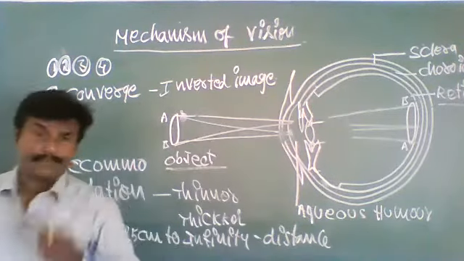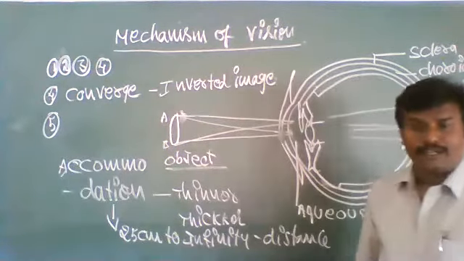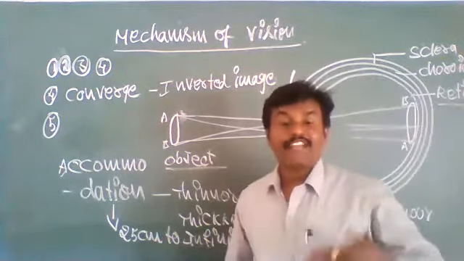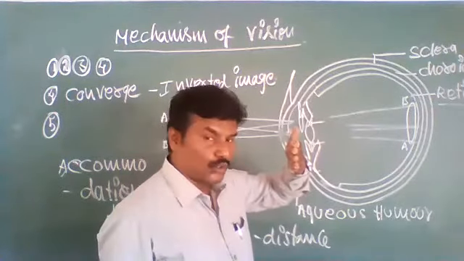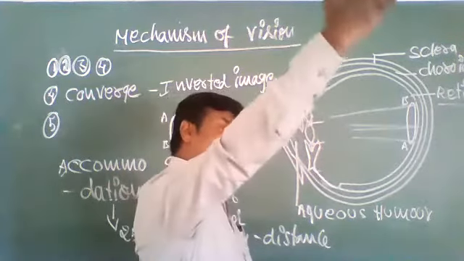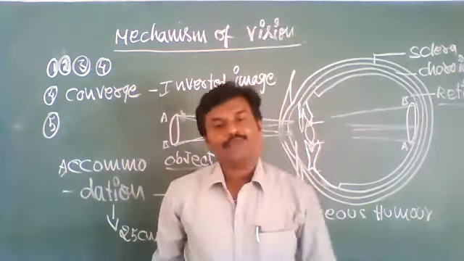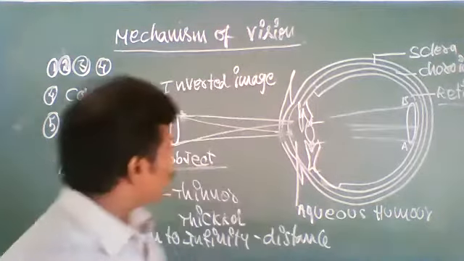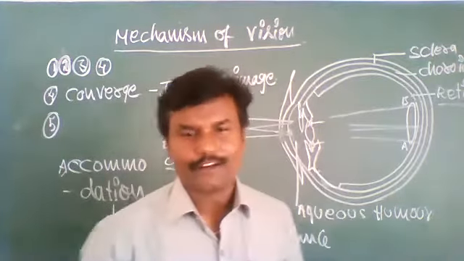The human eye has the ability to receive images of objects from 25 centimeters to infinity distance. From here we can see the longest places. That is the ability we have. So that is the mechanism.